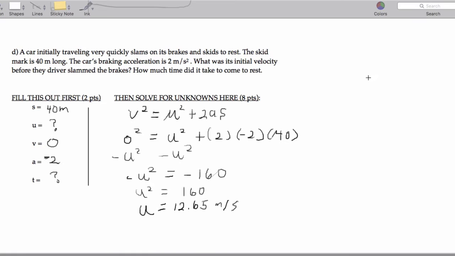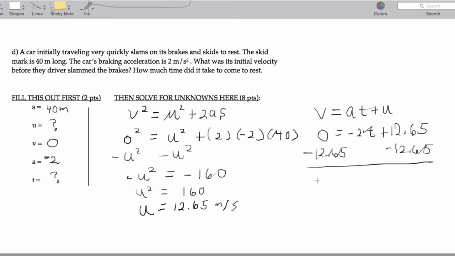And we want to know the time it took to come to rest, so we'll go ahead and do that here. So we'll say V equals AT plus U. 0 equals -2 times t plus my initial speed, which I got as 12.65. We're going to subtract 12.65 from each side.